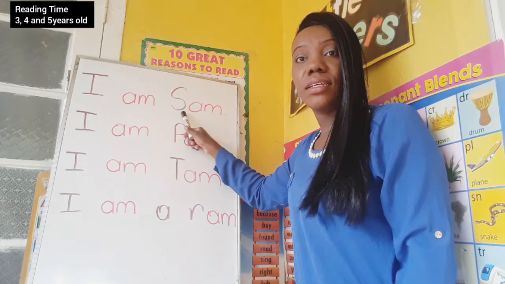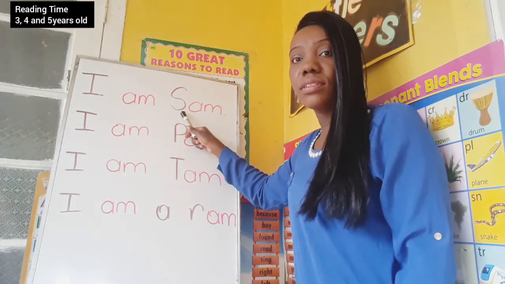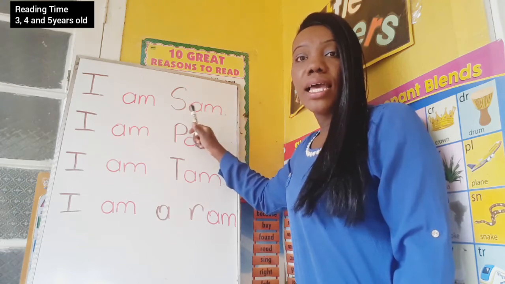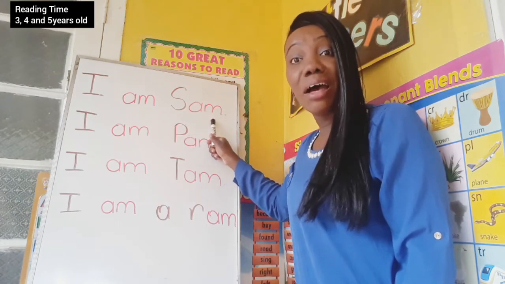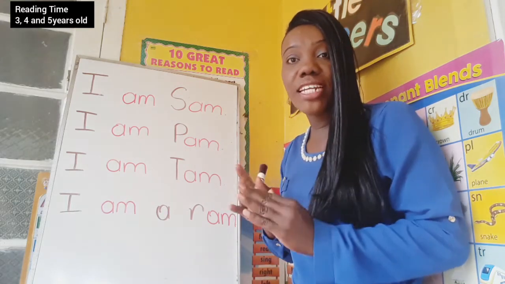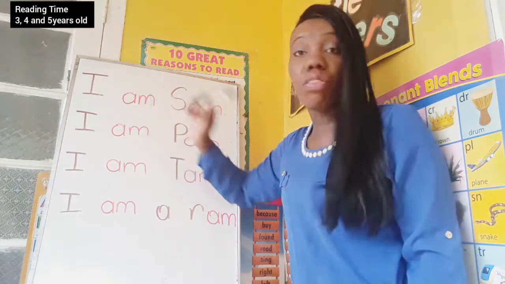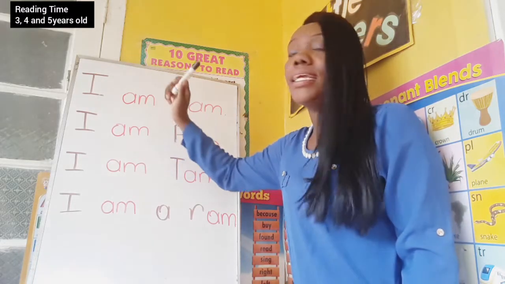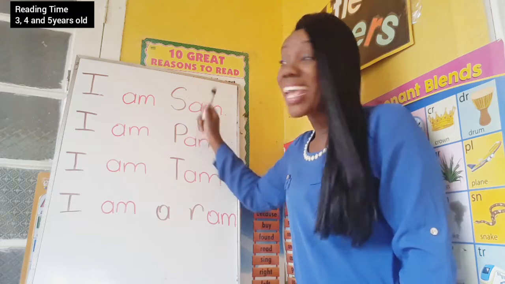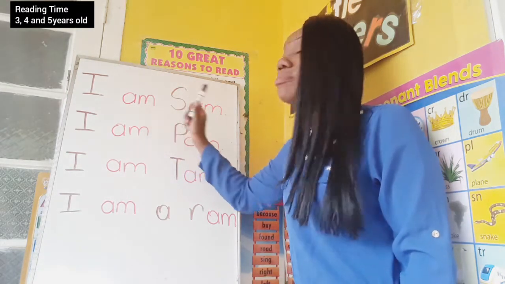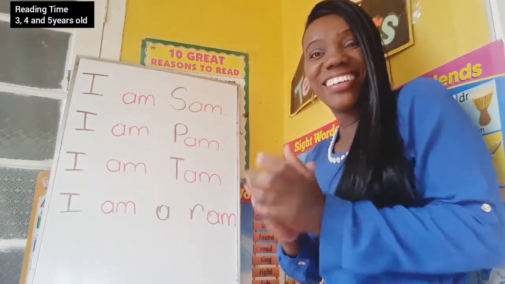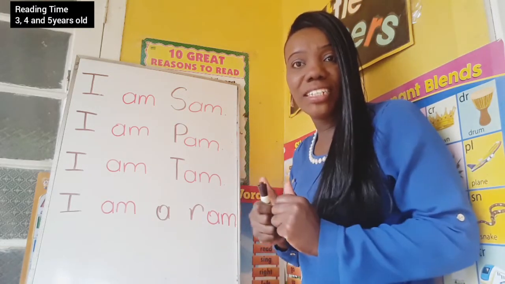Am. Let's make the sounds of the letters. S. Am. What's the word? Sam. Yes. Now let's read it now. I'm going to read it and call the words. I am Sam. I am Sam. Very good. You're getting much better at reading.